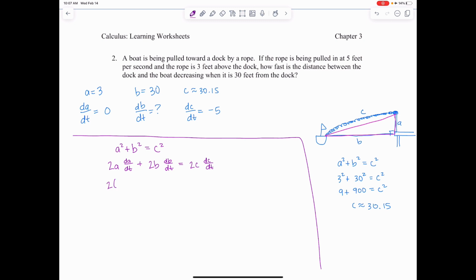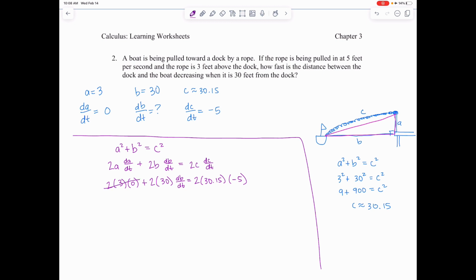2a is 3, dA/dt is 0. 2b is 60, dB/dt is what we're looking for, so we'll leave it. 2c is 60.3, dC/dt is -5.